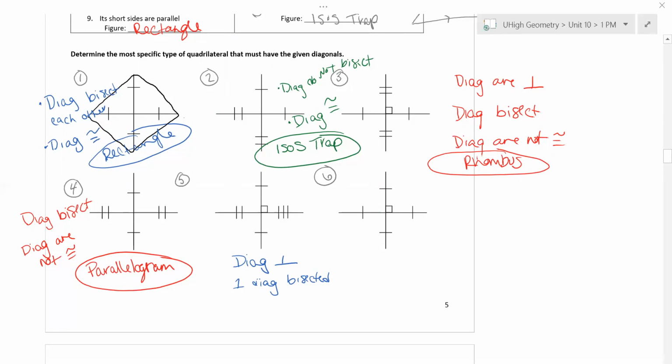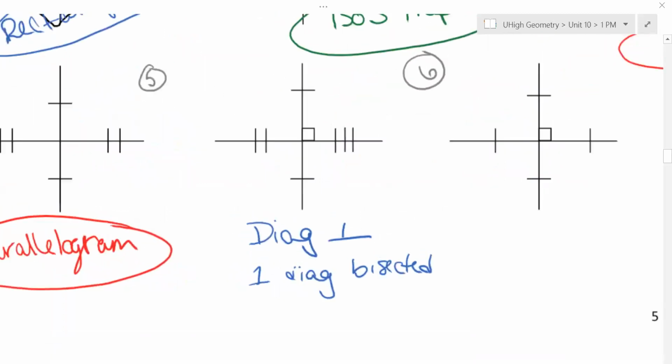And remember our definition of a square said that it was a rectangle, a rhombus, and a parallelogram. So that means that this can't be a square either. So the only thing that this could be when we have diagonals perpendicular, but only one diagonal bisected, is a kite.